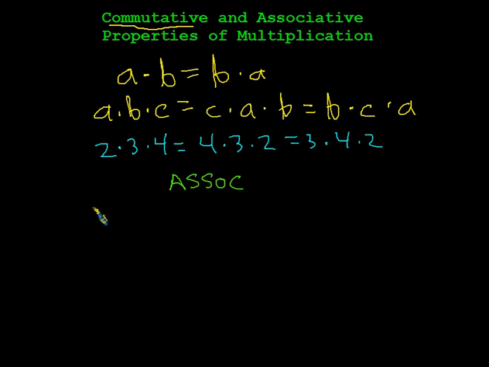With the associative property of multiplication, we say if I have A times B times C in parentheses, that should be equal to A times B in parentheses times C. Now again, what this is trying to tell us is not exactly what we see. What the rule is trying to say to us is that no matter how we group things that are multiplied together, we'll get the same product.